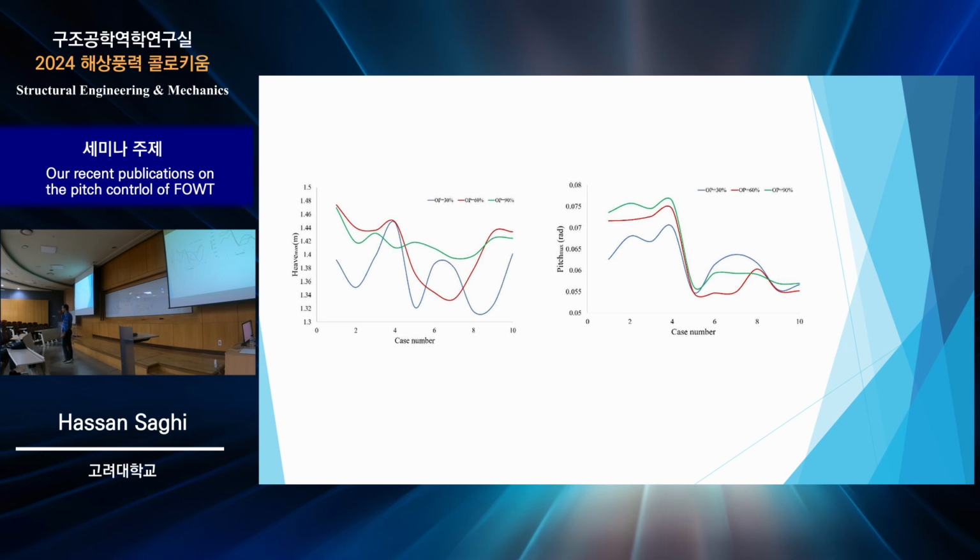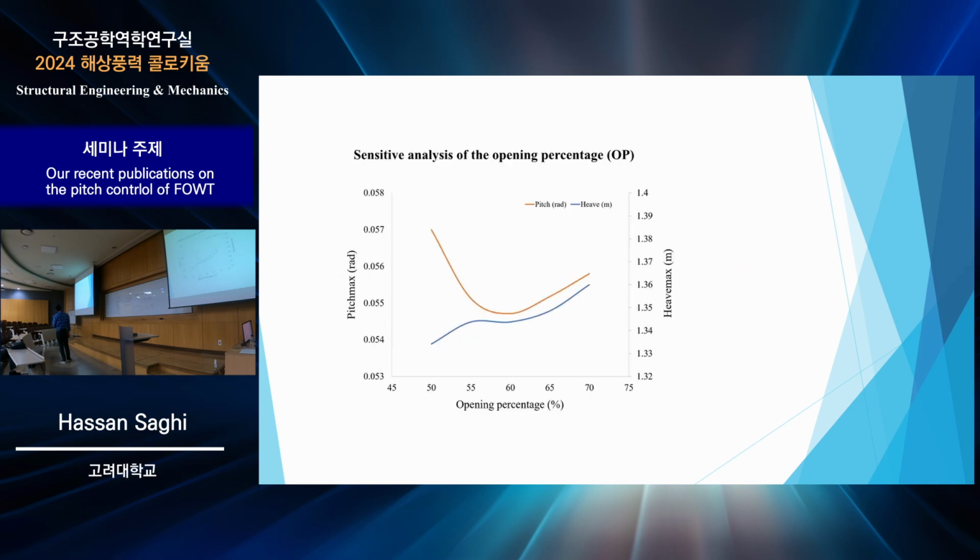OP is the opening percentage of the orifice, and we found the optimal case based on the maximum pitch and heave similarly. We also did a sensitivity analysis of the opening percentage, and based on the pitch motion, we found the optimal opening percentage is around 60%.